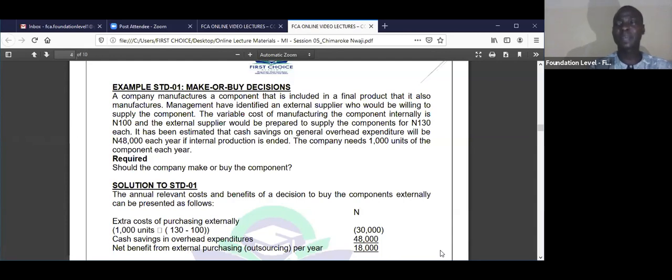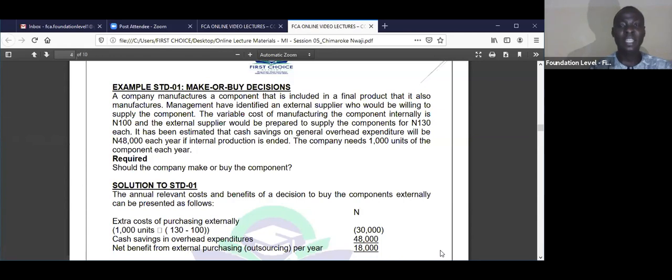So if you are spending extra 30,000, is it a good thing? Now, if you decide to produce it in-house, you will not save any costs. But if you stop producing in-house, what will happen? You will save 48,000 naira.